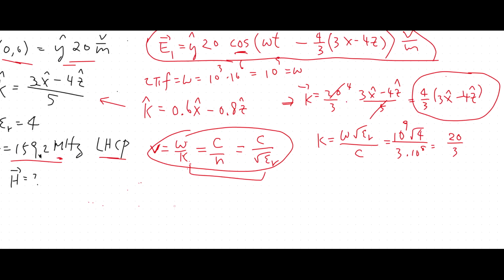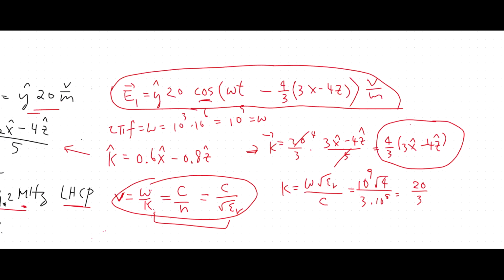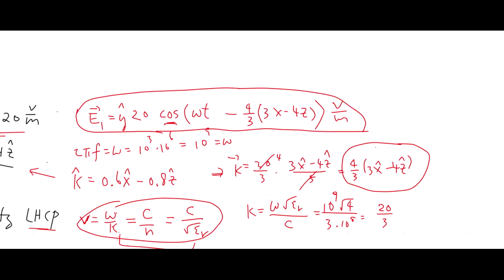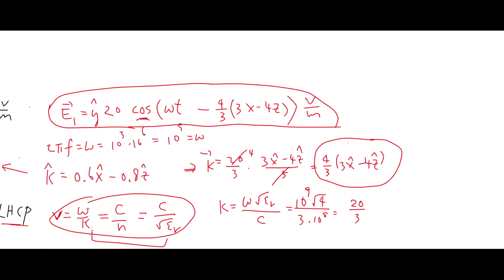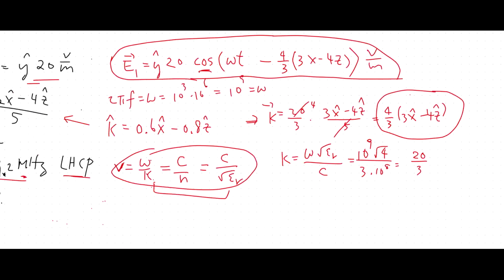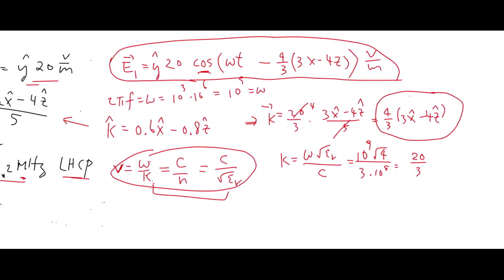So let me start from here and find H1. How do I find H1? I'm going to use the three rules, for example. E1 is this, so I'm going to start writing H1. The first rule is E and H are in phase.